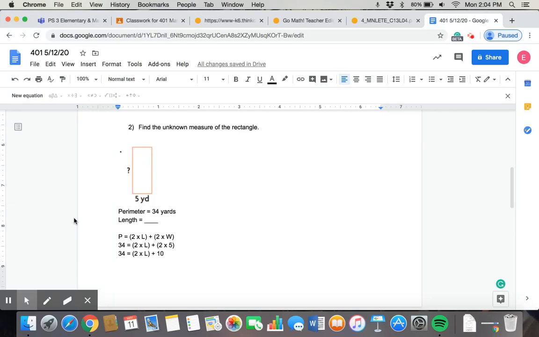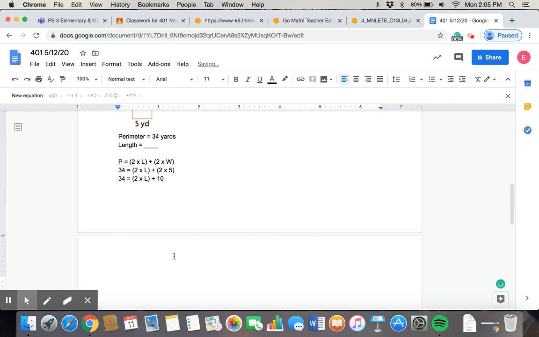So I can't solve that way. So what I'm going to want to do is I know 2 times L plus 10 equals 34. So what I can do here is I can take this 10 and subtract it from 34 to find out what 2 times L is going to equal. This is one way I can solve it.